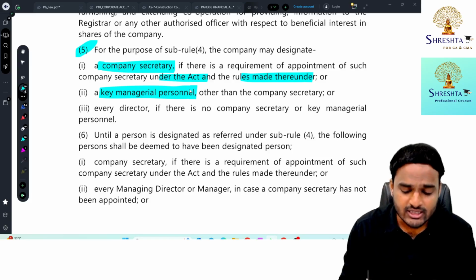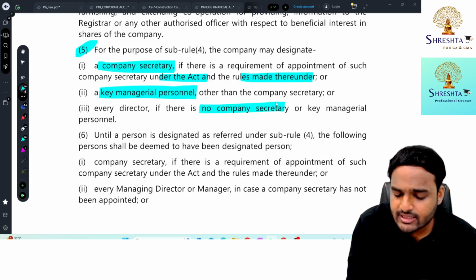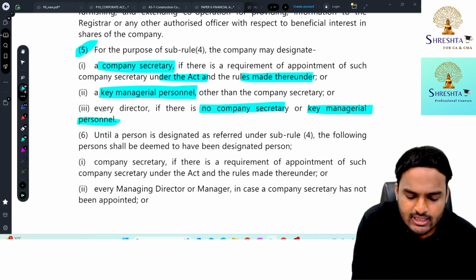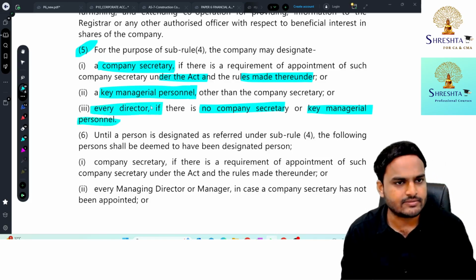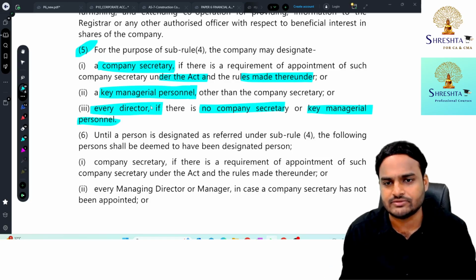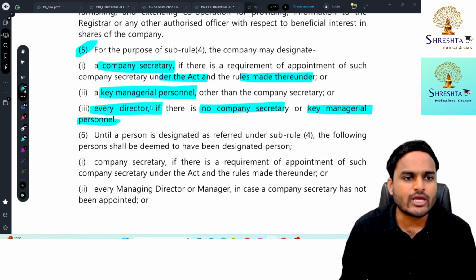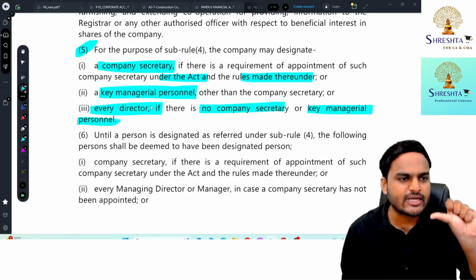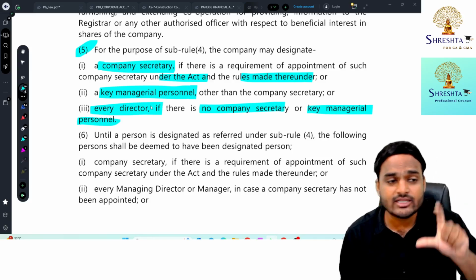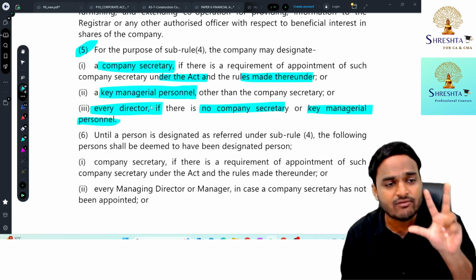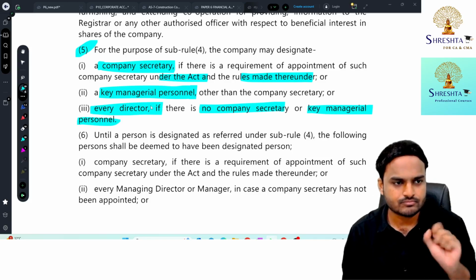Understood? If the company has neither a company secretary nor KMP, then every director may be a designated person. So who can be a designated person? First, the company secretary. If no company secretary, then KMP. If no KMP, then every director of the company.